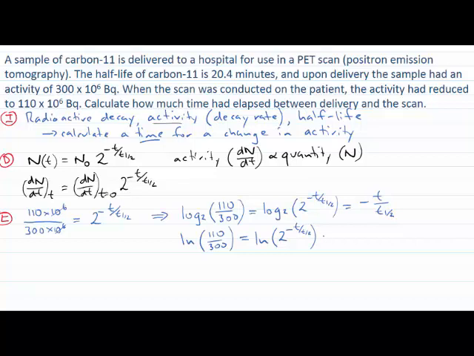And then we can use our understanding of logs, that the log of something raised to a power is simply the power, in this case minus t over t half, times the log of 2.